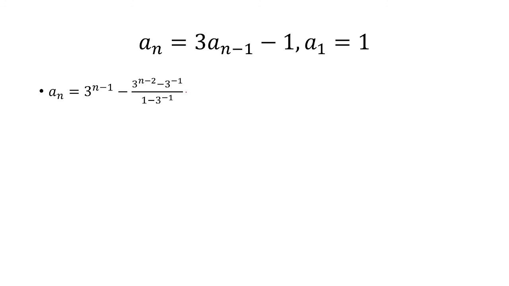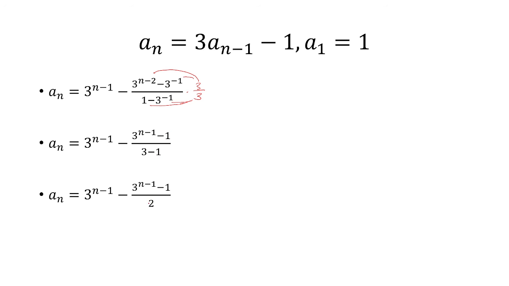Now I can multiply by 3 over 3. So this 3 distributes to both of these guys to become 3 to the n minus 1 minus 1, and then 3 in the denominator here. That's 3 minus 1, which just becomes 2.